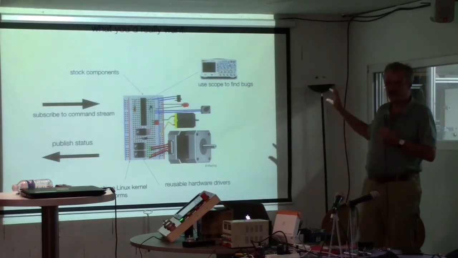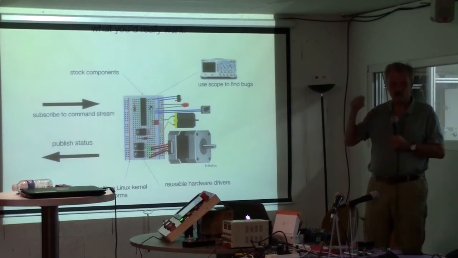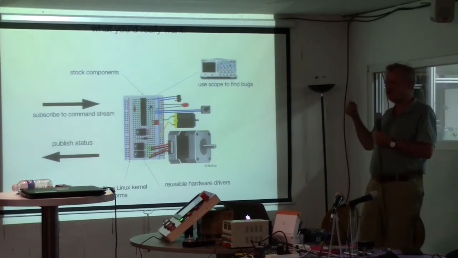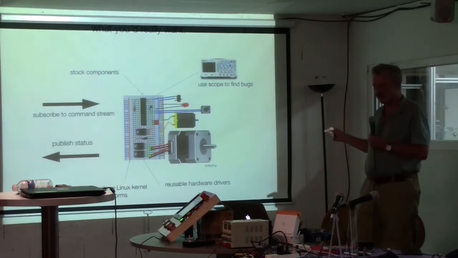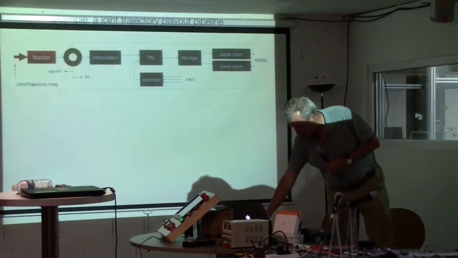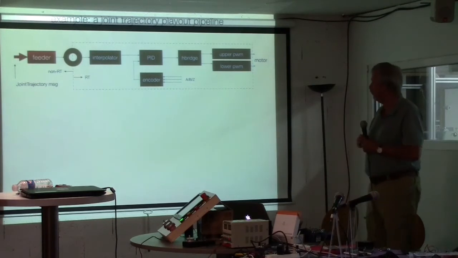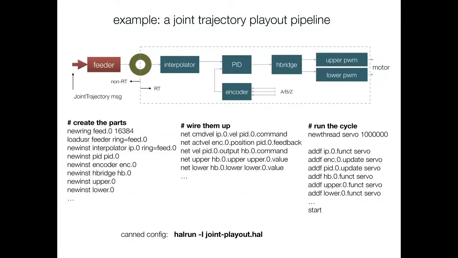Now, that is the electrical idea, if you will. I will give you now an example on how you mutate this idea into a HAL setup. As an example, I'll take what is a part of what I call a typical motion pipeline. A motion pipeline goes from a trajectory, which is a curve in joint space, movements in joint space.